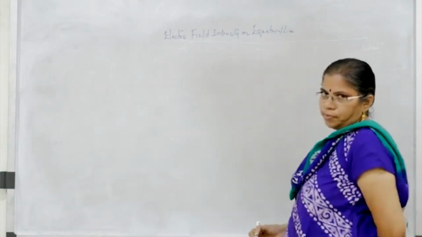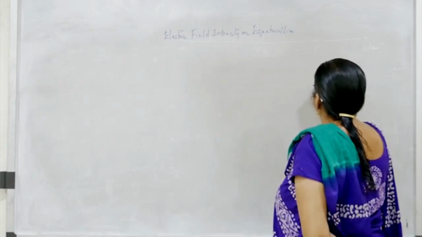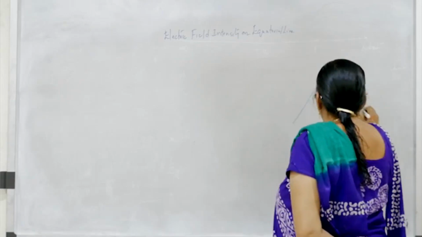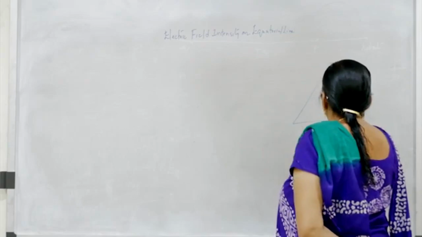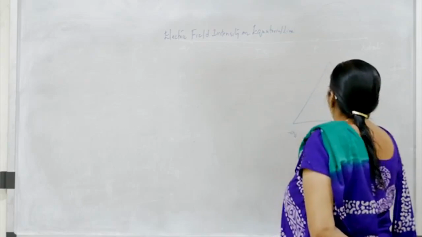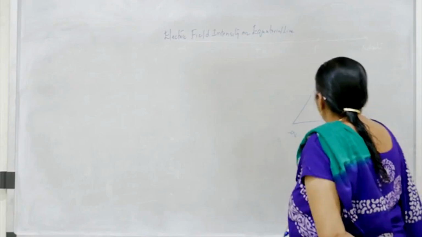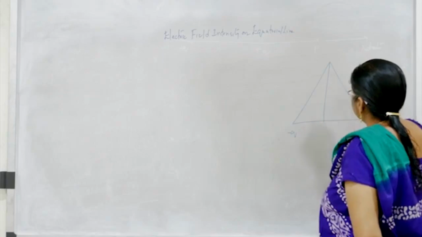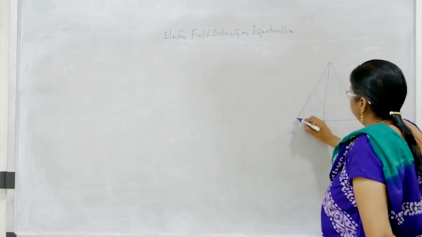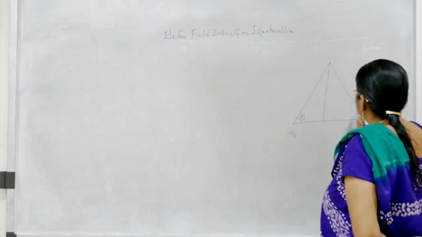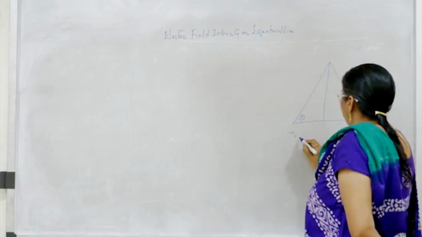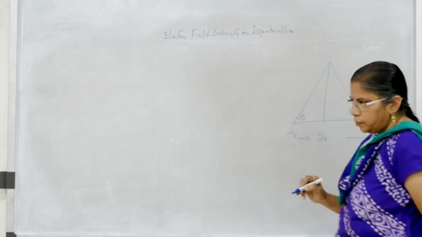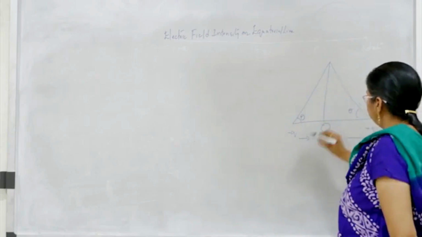For this I take again a diagram like this, with minus q and plus q, and here P is the point, and this is theta and this is theta, and 2a is the distance of separation between them. O is the center.